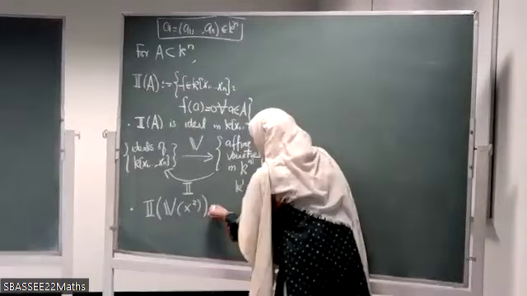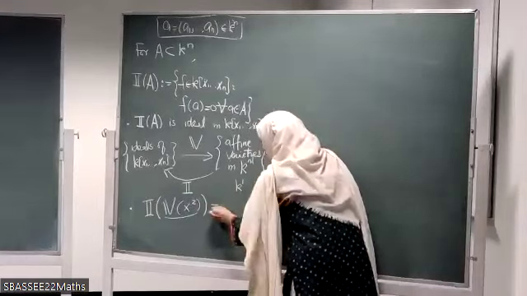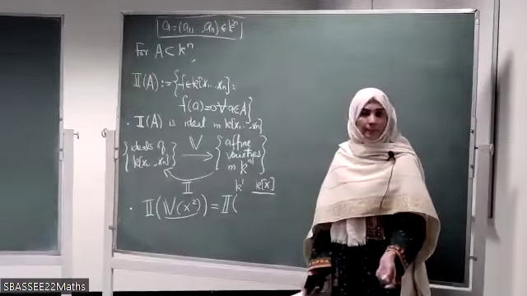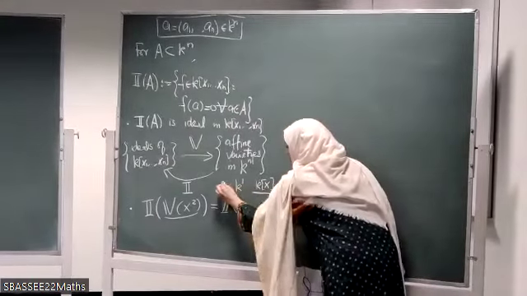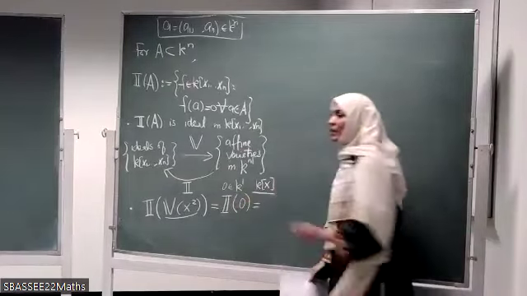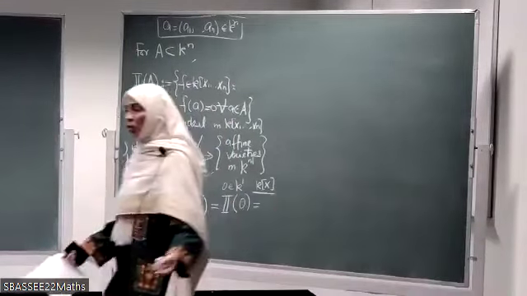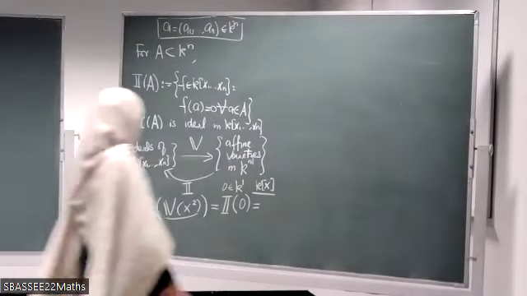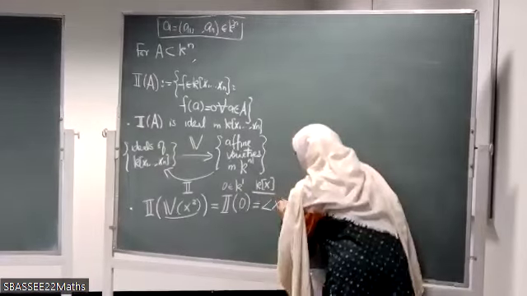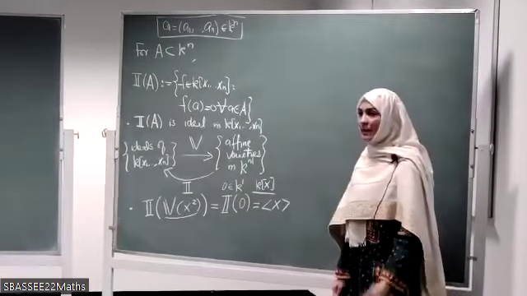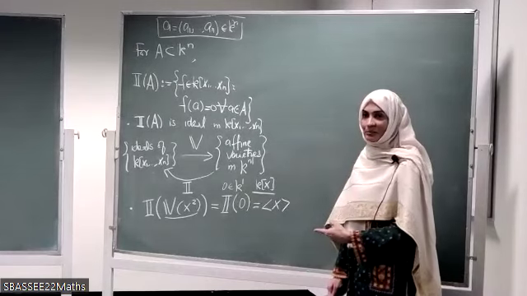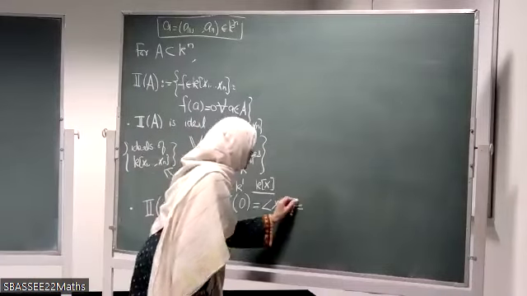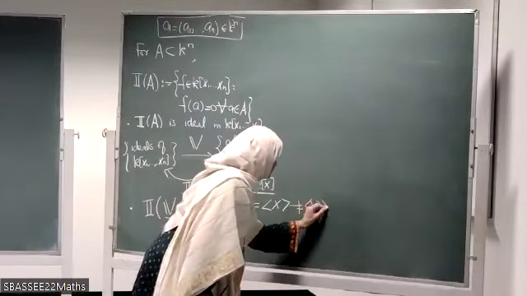So this is nothing but the zero point. And what is the ideal of 0? All polynomials satisfying this condition, which is just generated by x. And this is not equal to your ideal I, from where you started. So this is not equal to this one.